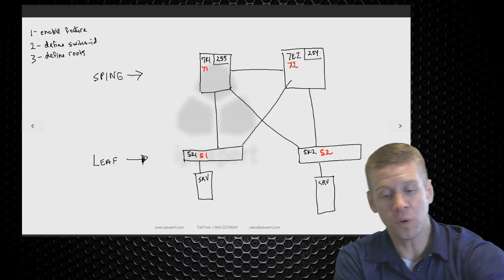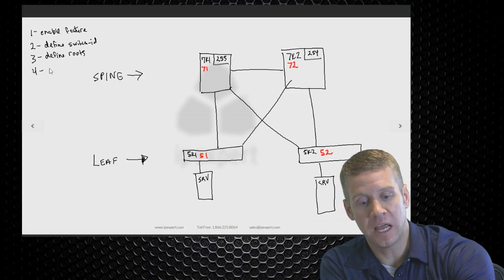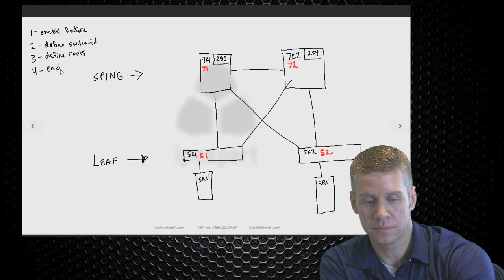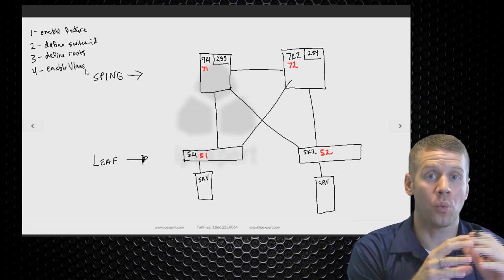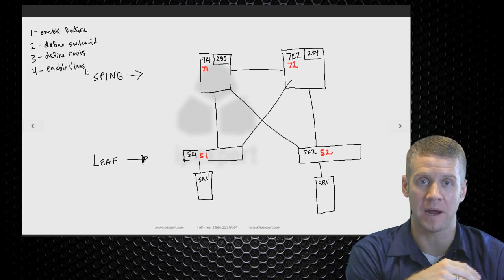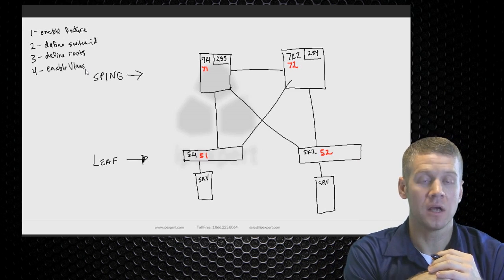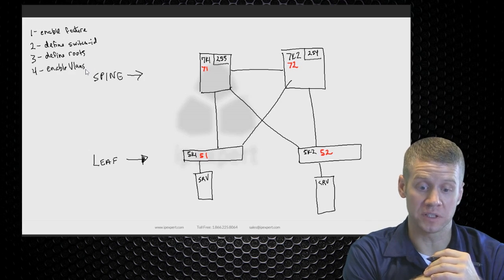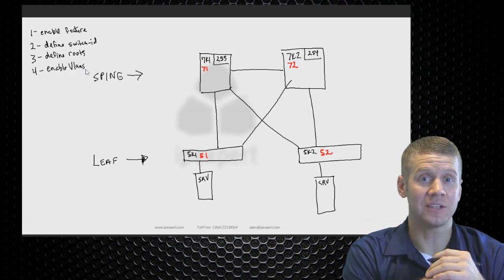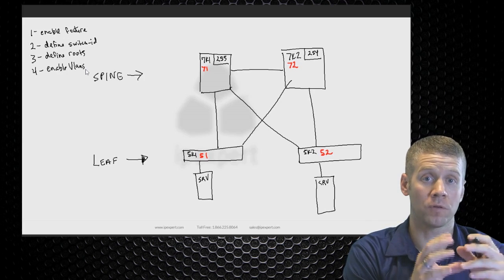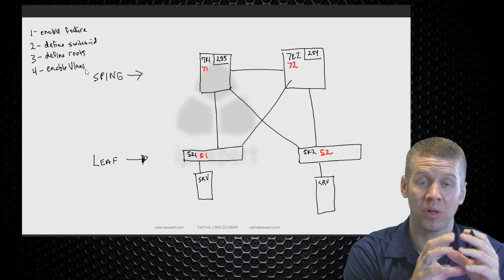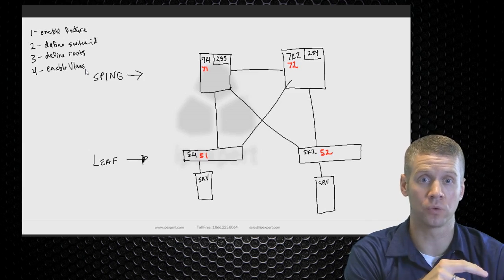The fourth thing I'm going to do is enable my VLANs. We need to pick which VLANs we are going to be running FabricPath on, guys, meaning we have to go in and do something special to those VLANs. We need to enable those VLANs for FabricPath so that they can actually apply conversational MAC learning rules.